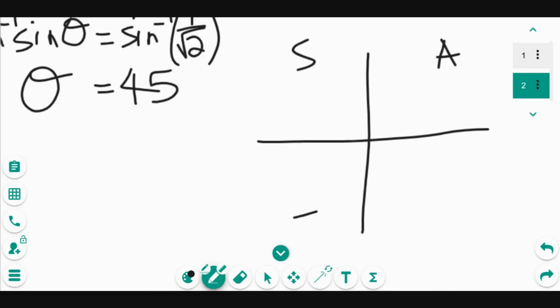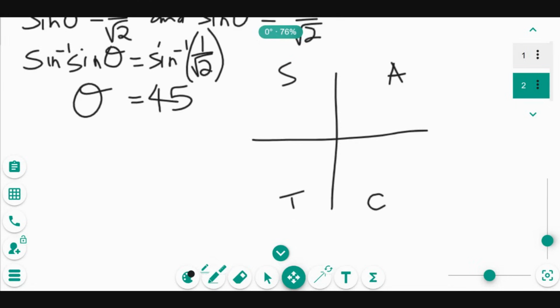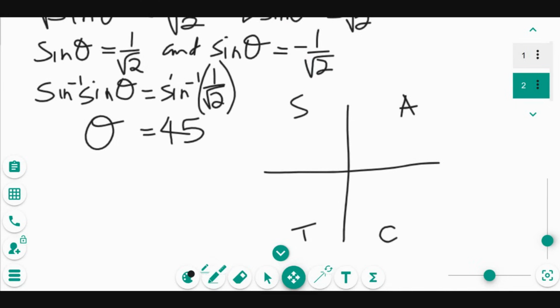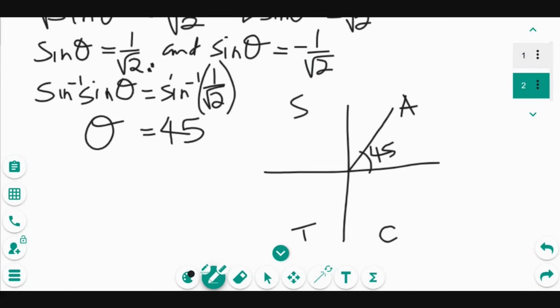Sine is positive, tan is positive, cosine is positive. I took sine inverse of a positive. This first one was positive. So I'm going to represent my angles where sine is positive, my 45. So this angle here is 45. Even in this quadrant also, the sine is positive. So even here, the 45 falls there.